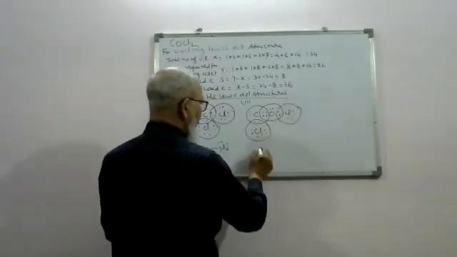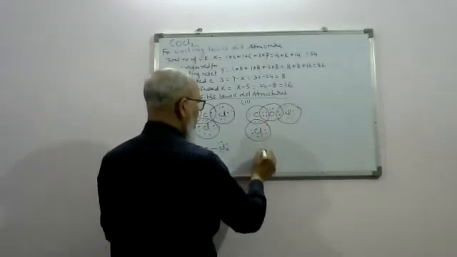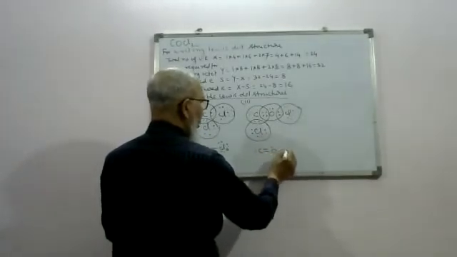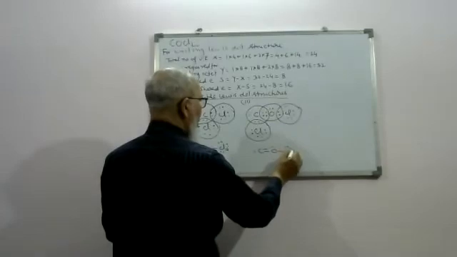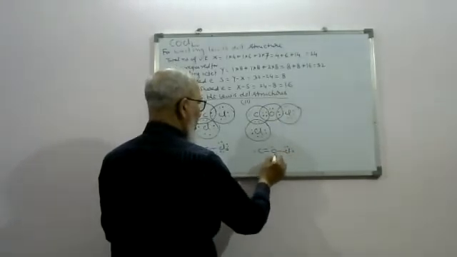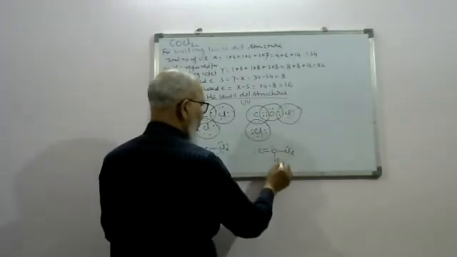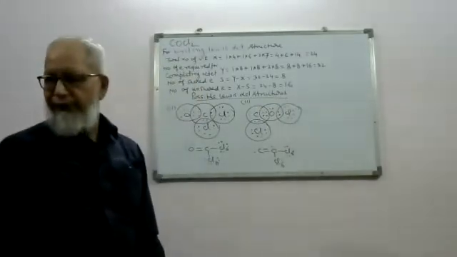The Lewis dot structure will be your C double bond O, Cl, Cl. Let this be Cl A and this Cl B.